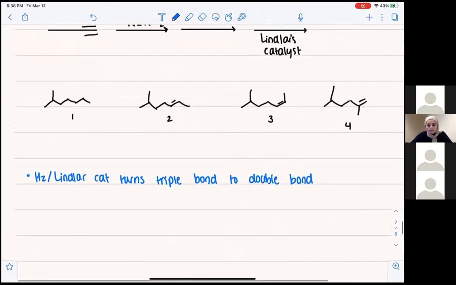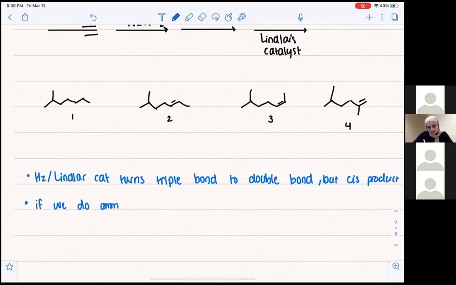So I thought, if it's the very last step, wouldn't it all just be single bonds? So H2 Lindlar's turns a triple bond into a double bond and also yields a cis product. Oh, I got it confused with when there's metals.